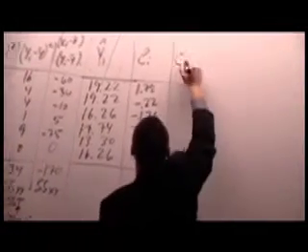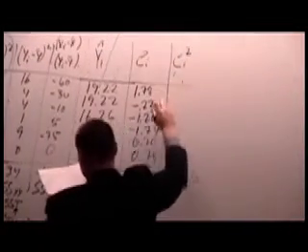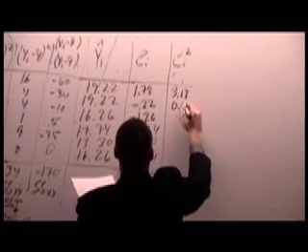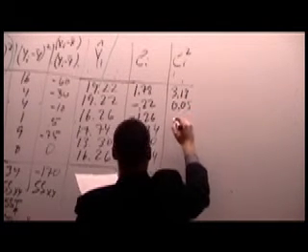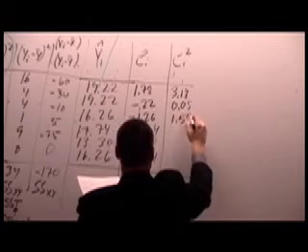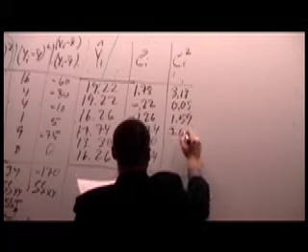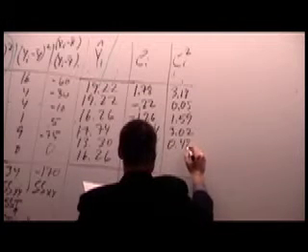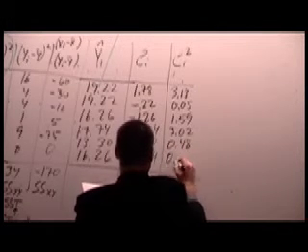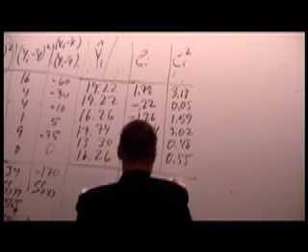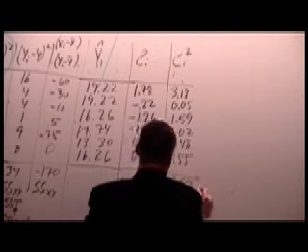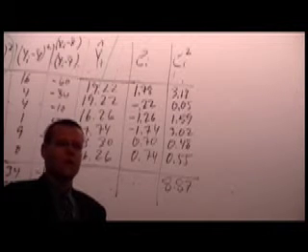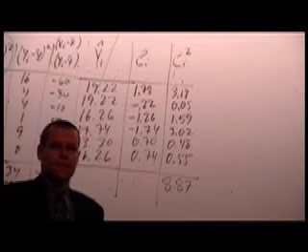And we square them. So 1.78 squared gives us 3.18, 0.05, 1.59, 3.02, 0.48, and 0.55. And when we sum all this, we get 8.87, also known as the sum of squared errors.